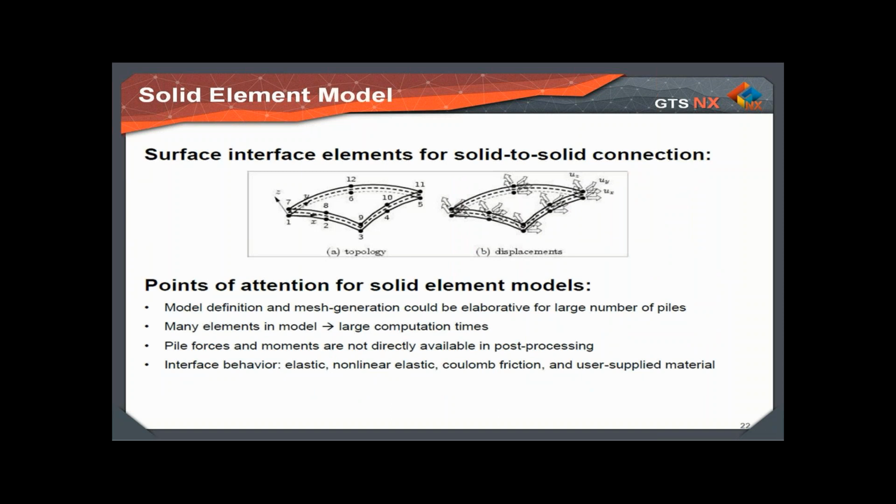The interface we have around this pile, the surface interface element, can be linear or quadratic, and it will be able to capture your soil structure interaction behavior properly. This interface can be linear elastic, inelastic, and can also be plastic with Coulomb friction. We provide all these possibilities, and even a user-supplied interface property is allowed.